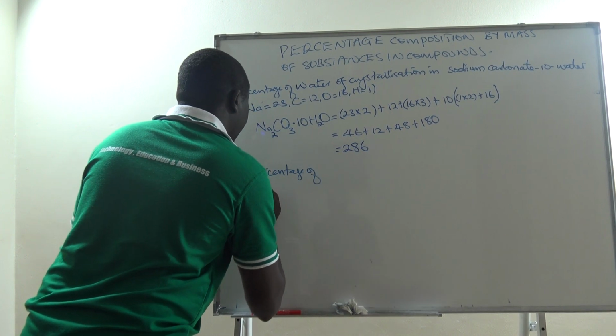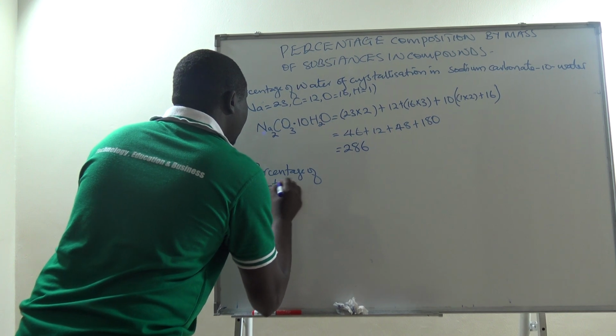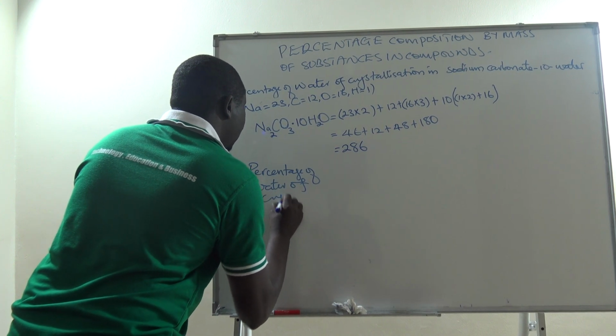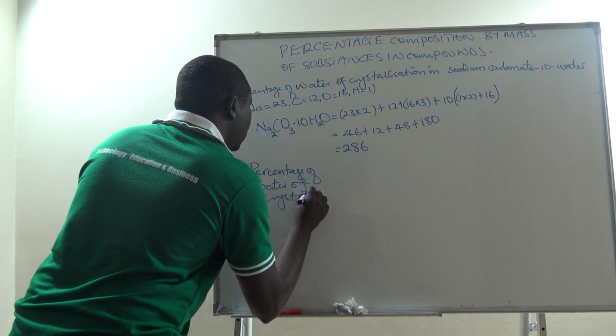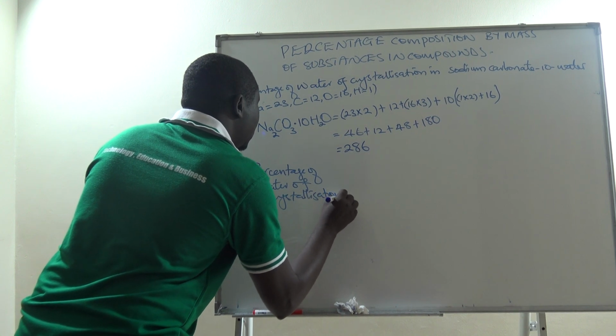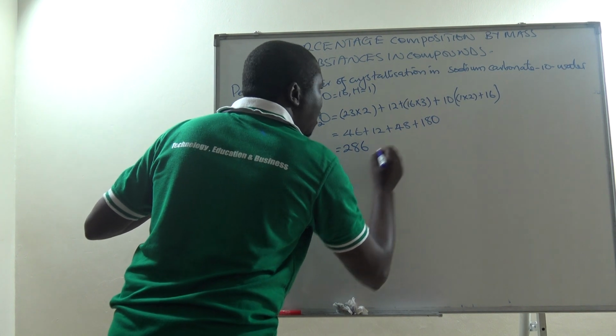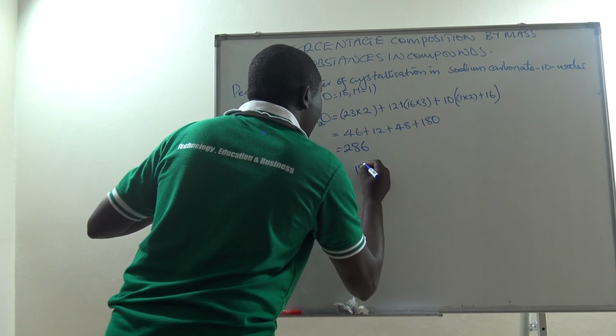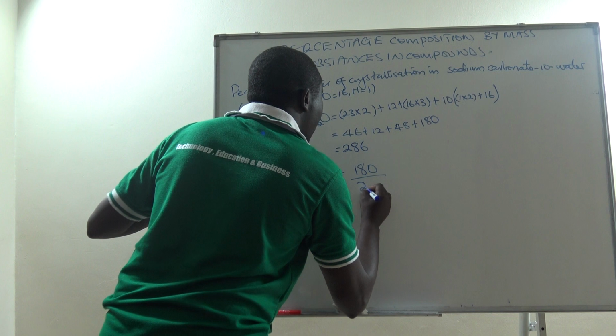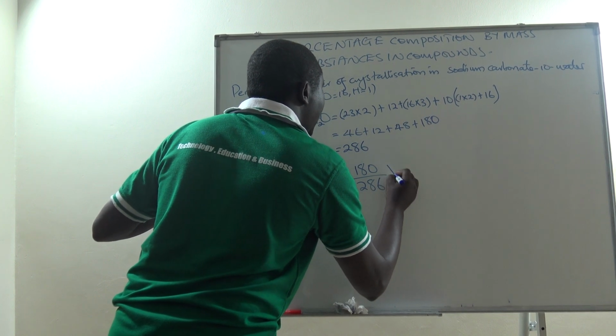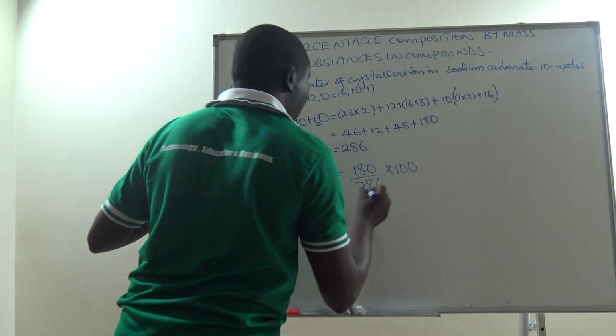Percentage of water of crystallization. The percentage of water of crystallization will be the mass of water, and we have found that it is 180 over the 286, which is the total mass, and we multiply by 100.